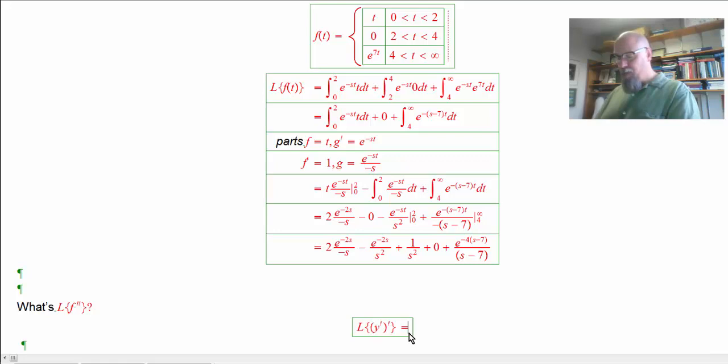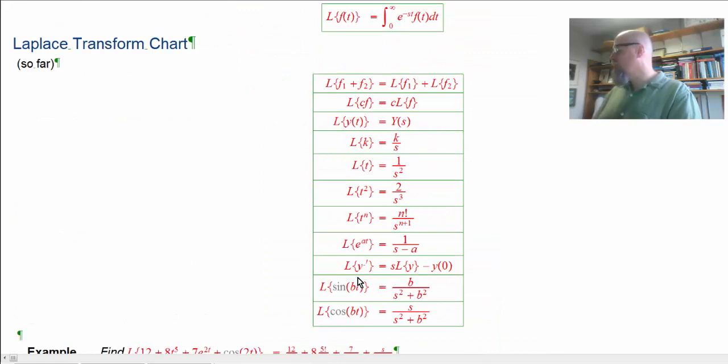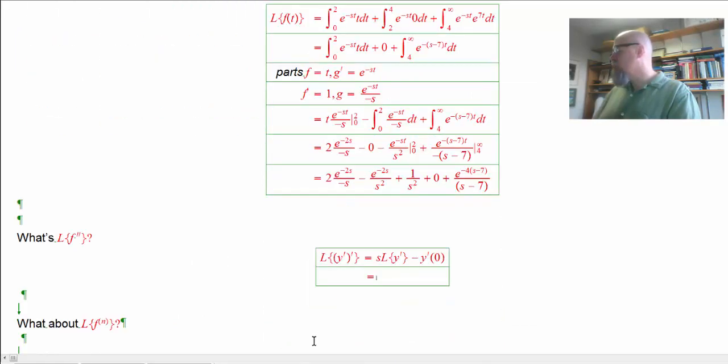So it's going to be s times the Laplace of y prime minus y prime naught. And all I need to do now is, what's the Laplace of y prime? I can directly use the formula from my chart in here. So that would be s times s, the Laplace of y, minus y naught, minus the y prime naught.